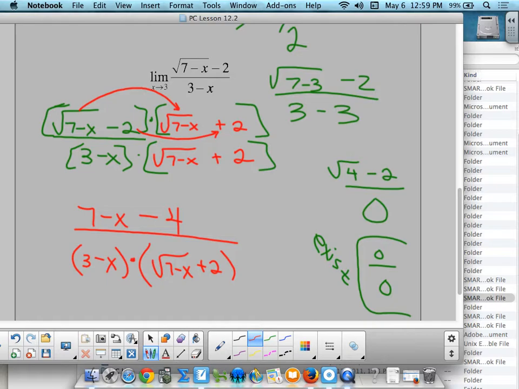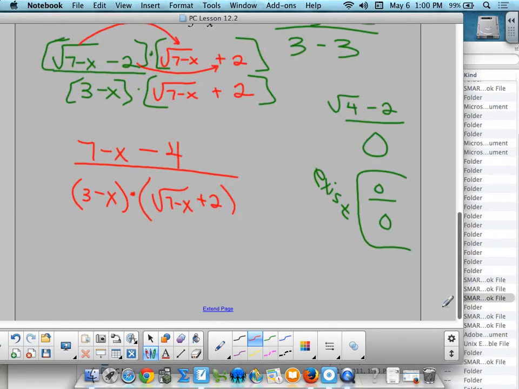Well, there's not much to do on top. First, first, last, last. And then the bottom, I told you don't do anything because if you FOIL this out, this is quite a mess. And what we're looking to do is cancel.